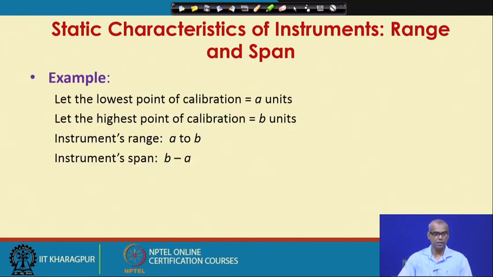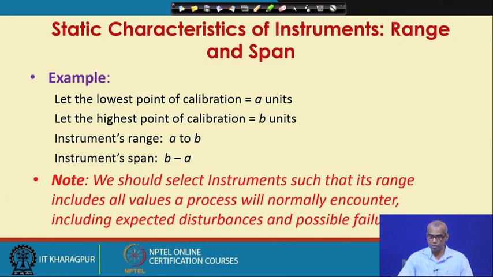So, let us take a simple example. Let the lowest point of calibration be A units and the highest point of calibration be B units. Then we can say that the instrument's range is A to B, whereas the instrument's span is B minus A. So, the instrument's range will be specified as the lower end of the calibration to the higher end of the calibration, and the span will be defined as the difference between the high end of the calibration and the low end of the calibration.